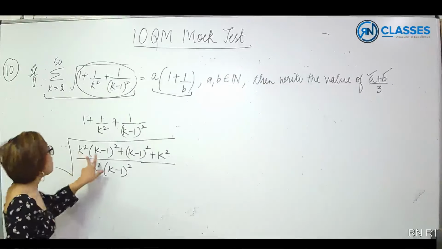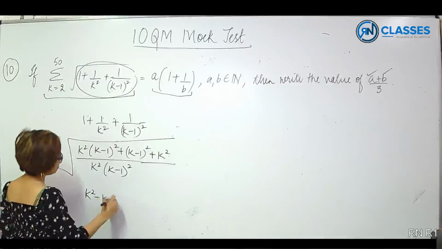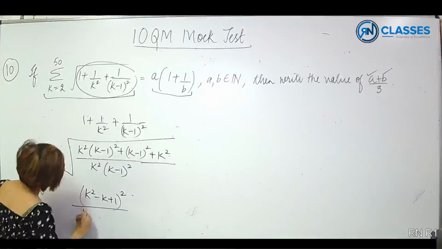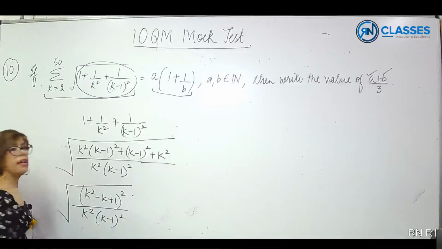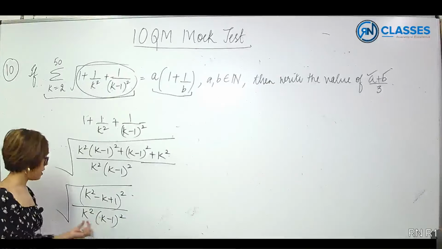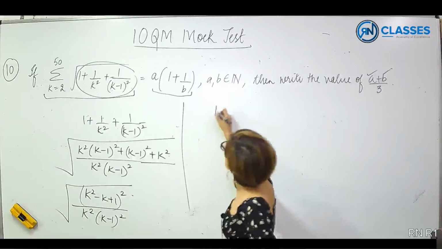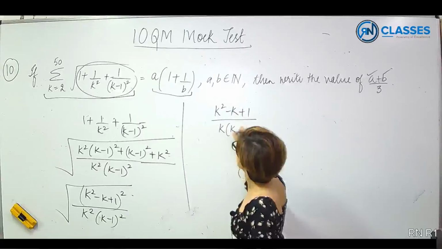Mind it, when I open this up, the numerator becomes k square minus k plus 1 whole square, divided by k square into k minus 1 whole square. Right? Now obviously I will be considering that this quantity is positive. So I can write this as k square minus k plus 1 whole divided by k into k minus 1.